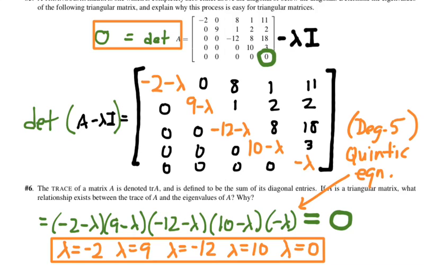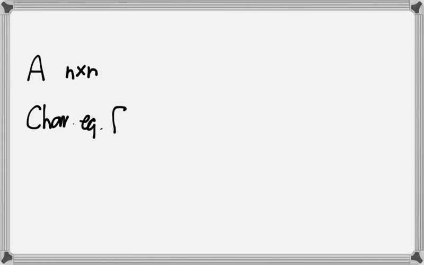So going back to the question we were seeking to answer here, the conclusion of this is if A is an n by n matrix, then the characteristic equation for A is going to be a degree n polynomial equation.